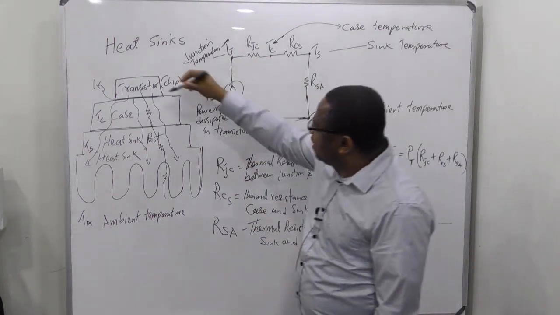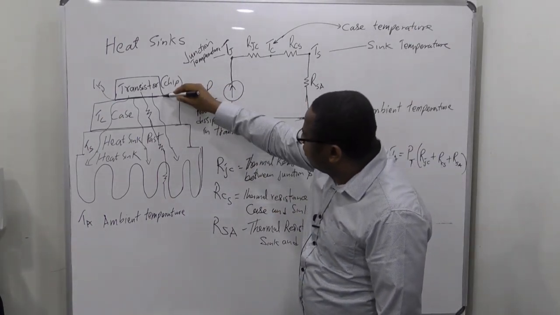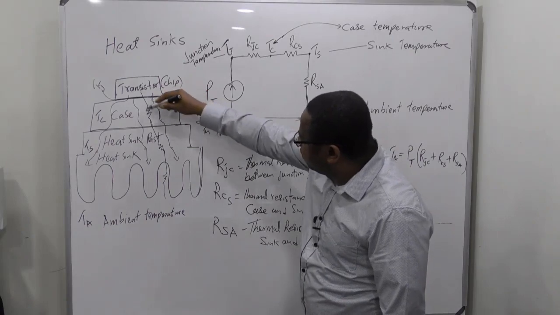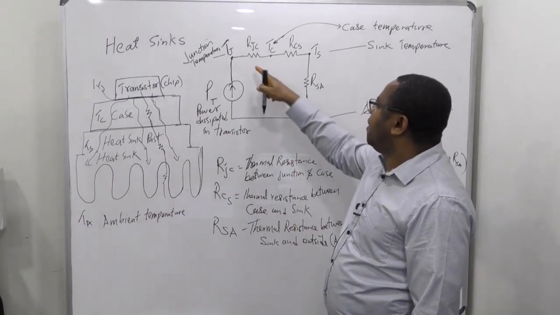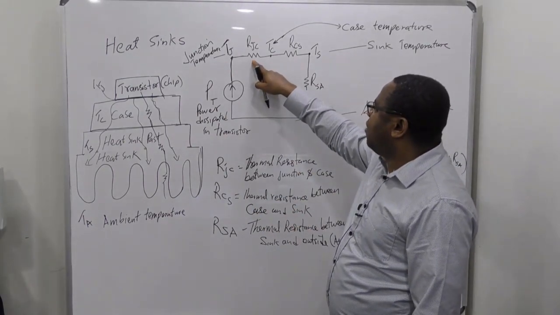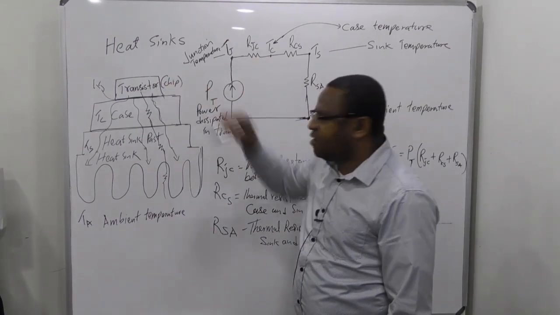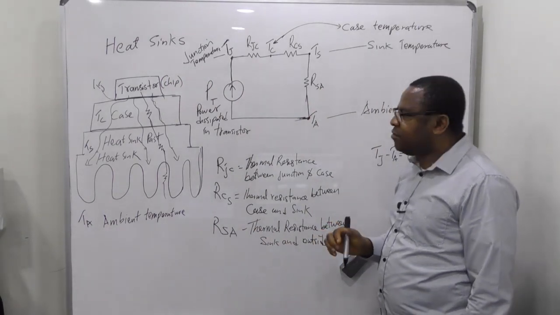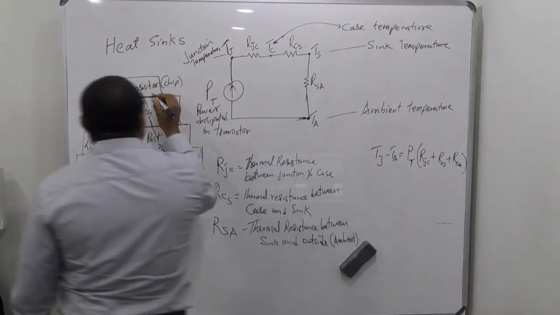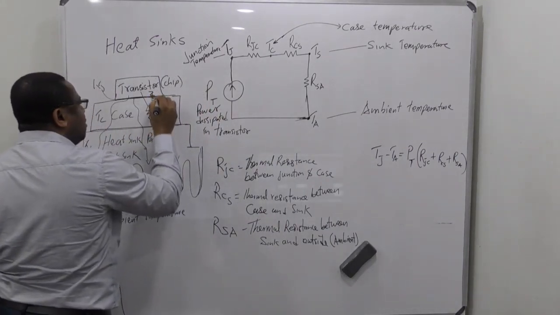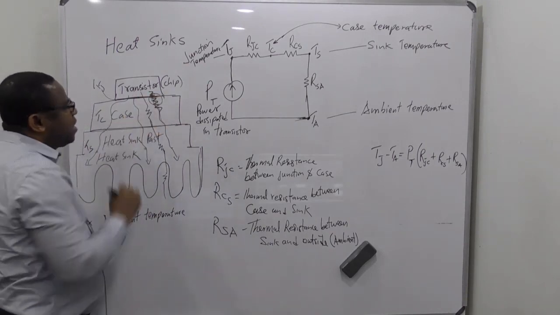All right, so between that junction temperature and the case, as heat flows here, there's going to be a resistance against the flow. That resistance is RJC, which is the resistance between that junction and the case itself. Okay, so as the heat goes out, that will have the resistance there between the junction and the case.